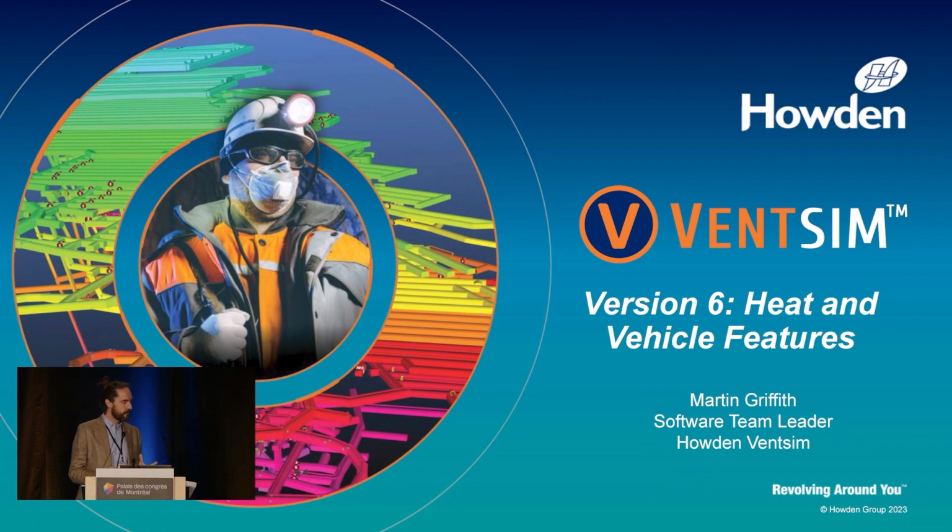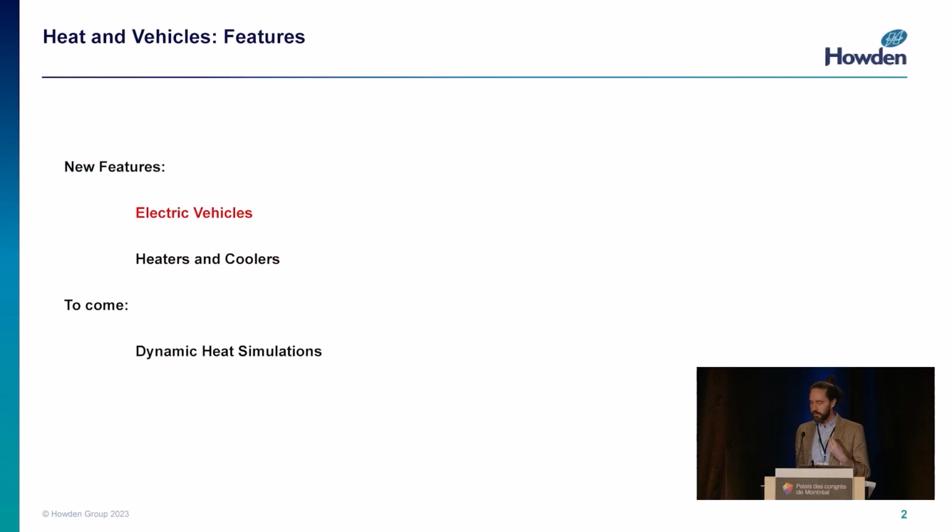For this presentation, I'm first going to present, in the theme of the session, a few of the heat and vehicle features that we've got in Ventsim 6. And then I'm also going to talk a little bit about something that's coming, that's on the way. So I'll be talking first about electric vehicles and heaters and coolers. As we've seen, this is an industry that's always changing, and the challenge for us in Ventsim is really to keep up.